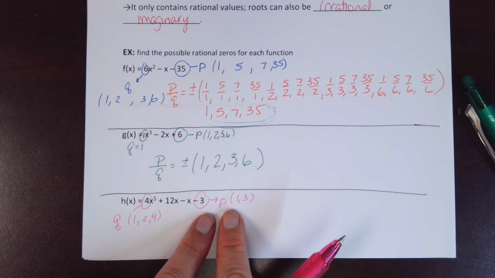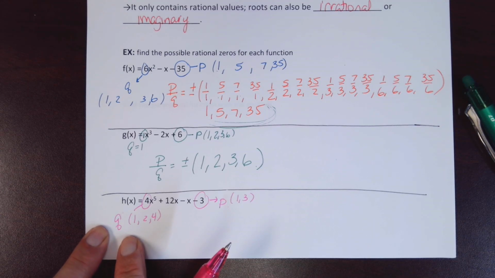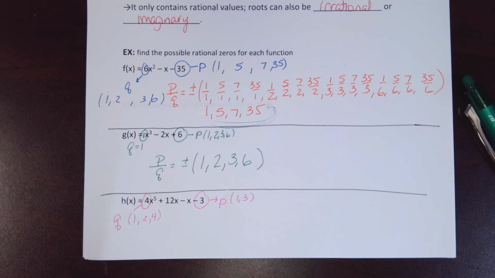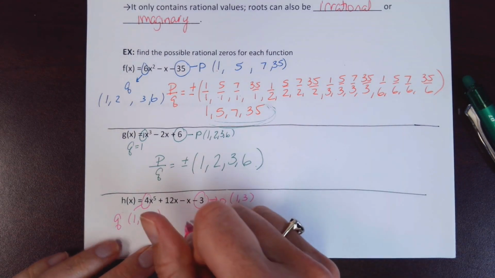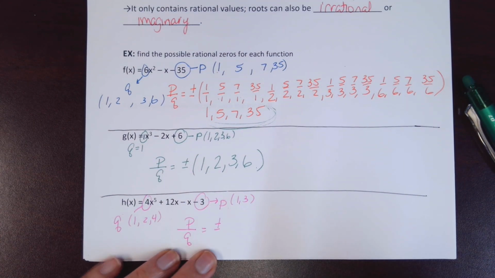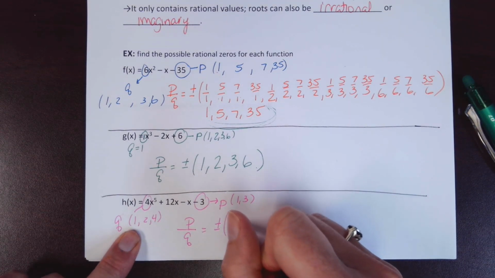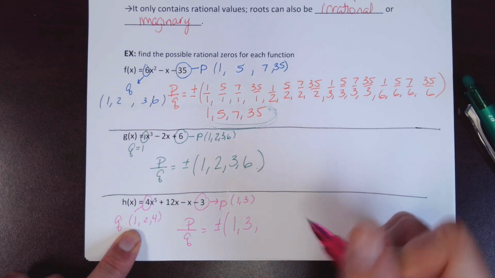Okay, so values of p come from my constant, values of q come from my leading coefficient. What goes in the numerator and what goes in the denominator absolutely matters. So list of possibilities, both positive and negative. P is 1 and 3. I'm going to put it over each of those. So over 1, that's my constants.